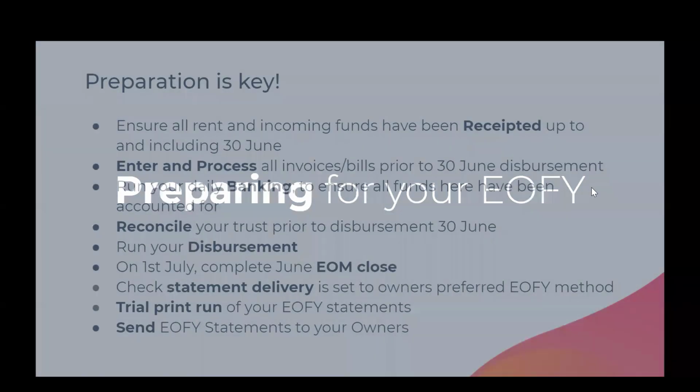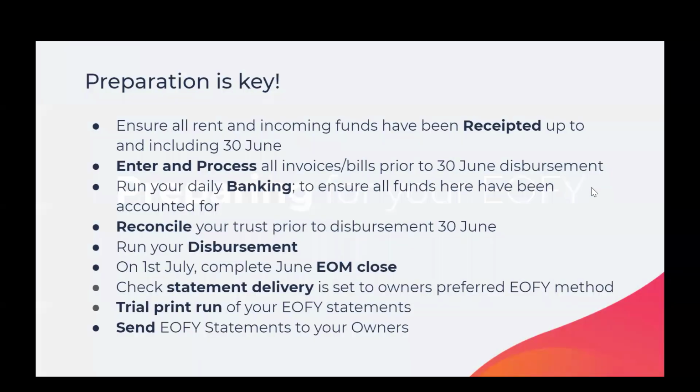So essentially, the first thing you want to make sure you've done is you've receipted everything up to and including the 30th of June. Now, for a lot of our clients, they are receipting a day behind. So it might be that on the 1st of July, you've still got rents coming in from the 30th. It's very common. To make sure that those rents are included as part of your financial year statement, or that previous financial year, you just need to make sure when you're receipting them in to use the receipted date as the 30th.